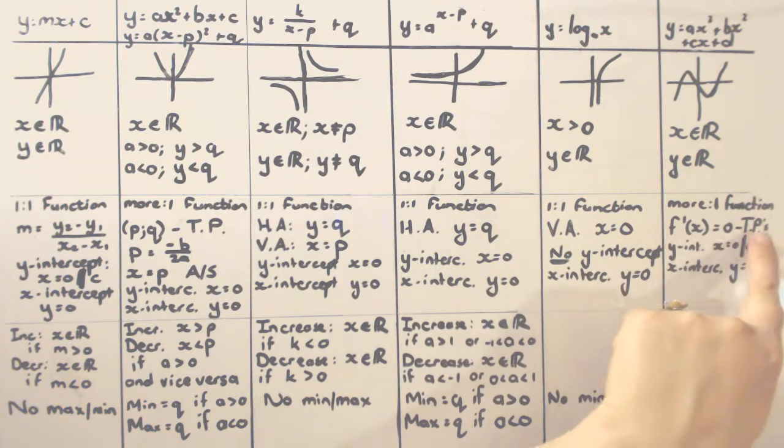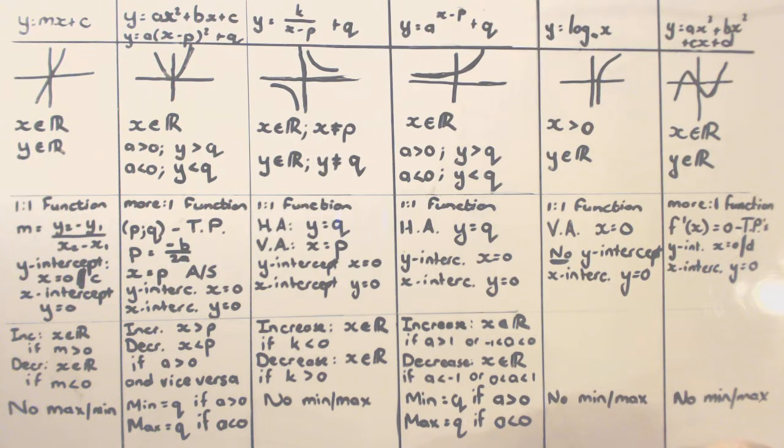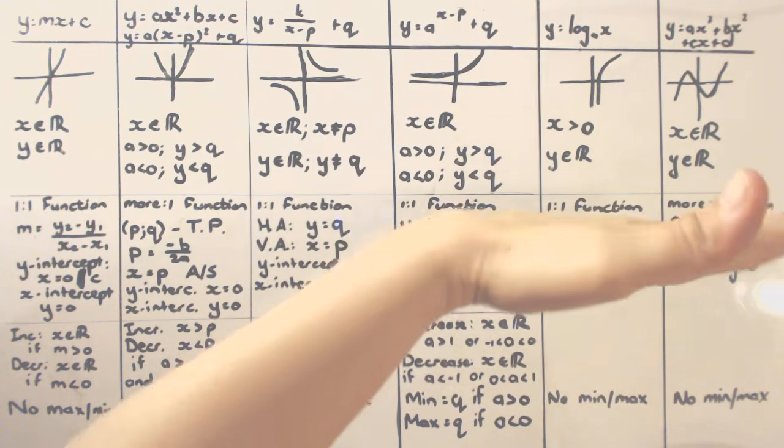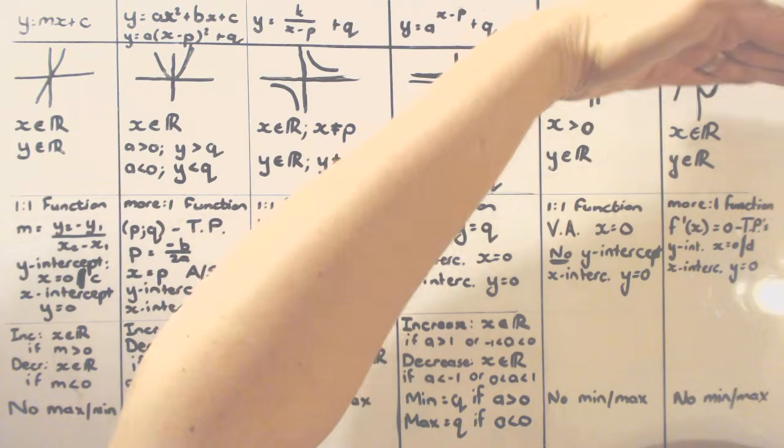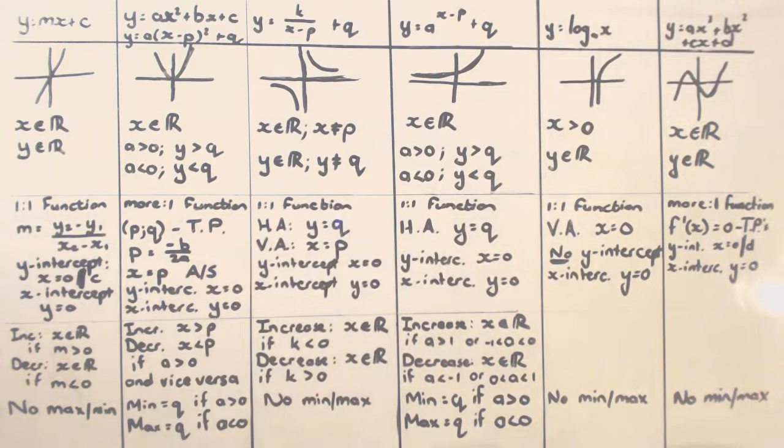I can find my turning points by making the first differential of the function 0, because the differential is the gradient of the line, and the gradient is 0 exactly there at the 2 turning points.